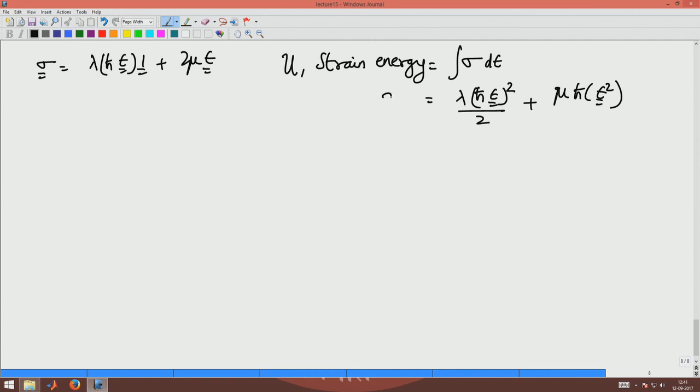Okay. This is the general expression for the strain energy in a linear elastic material that obeys Hooke's law.